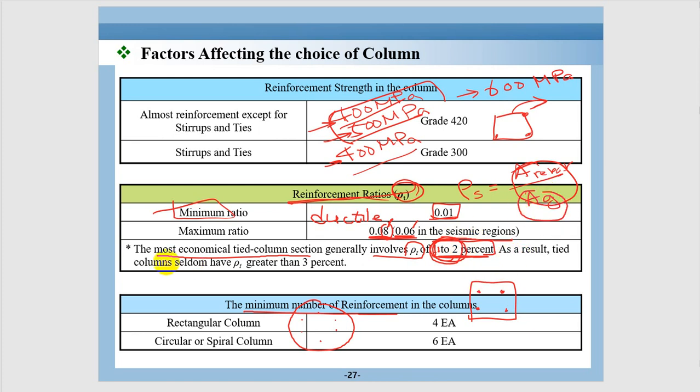As a result, tied columns seldom have a rebar ratio greater than 3%, which means that the most economical section we will design is 1 to 2%. 굉장히 경제적인 설계를 위해서 우리가 기둥에 들어가는 리바 레이쇼는 1에서 2% 정도 사용한다, 이 얘기죠. 그리고 3% 이상 되는 경우는 별로 없다, 이런 얘기입니다.